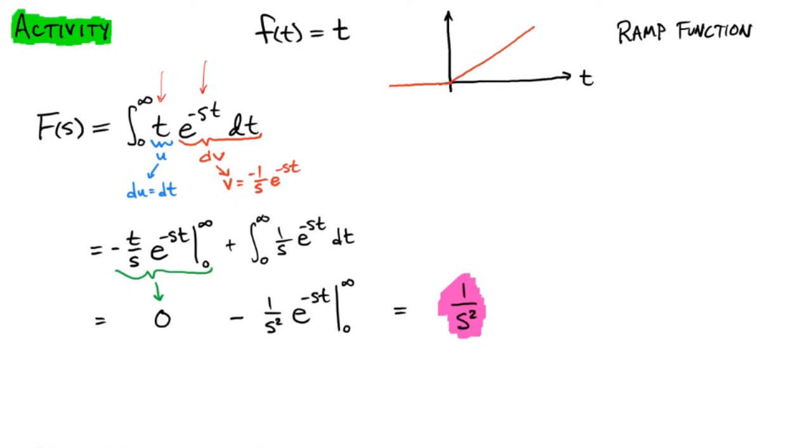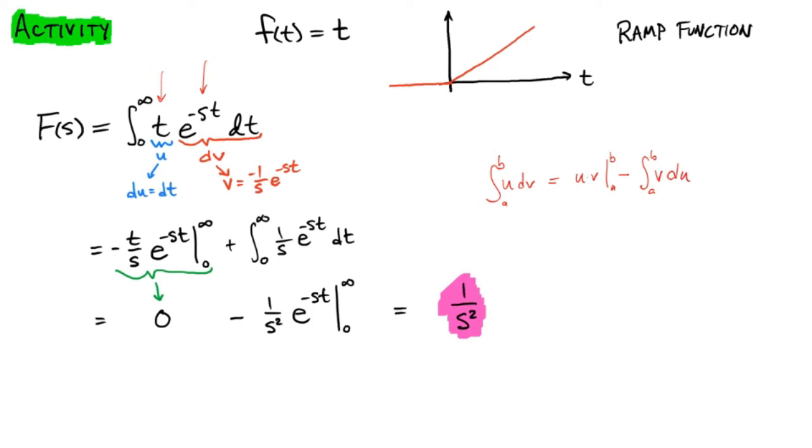And so again, this is the fact that the integral of u dv is equal to u times v evaluated at your limits of integration, and then subtract away the integral from a to b of v du.